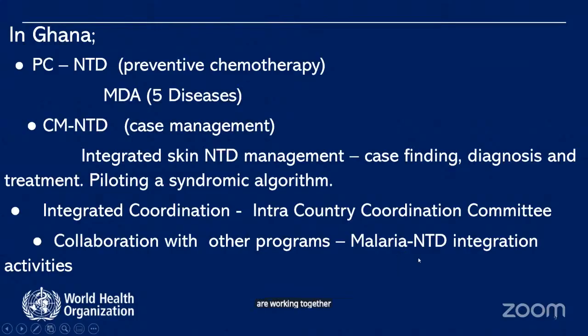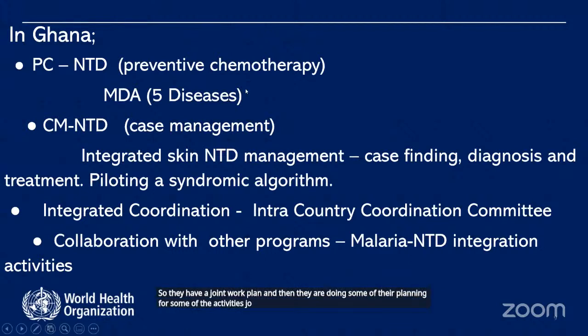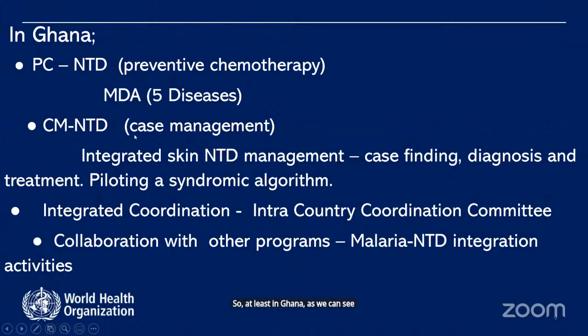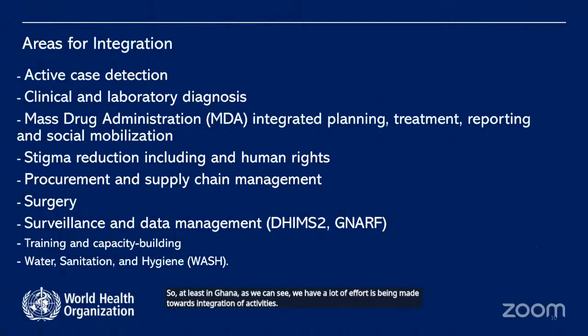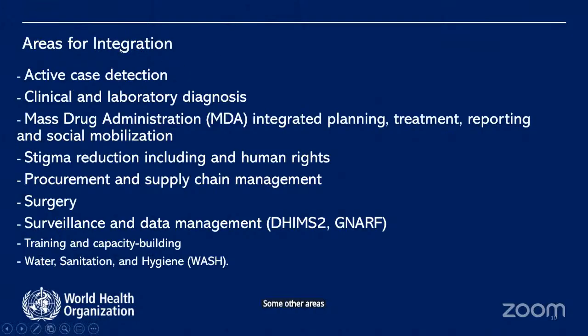They came out with a joint work plan, and they are doing some of the planning for some of the activities jointly. So at least in Ghana, as we can see, a lot of effort is being made towards integration of activities. Some other areas for integration are as follows.